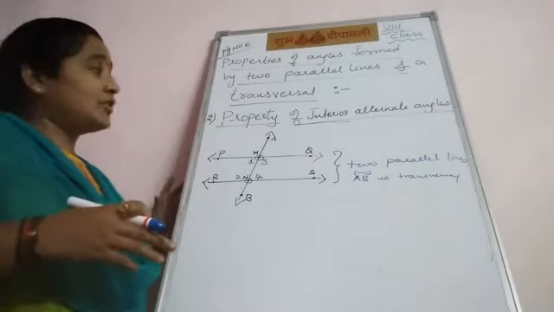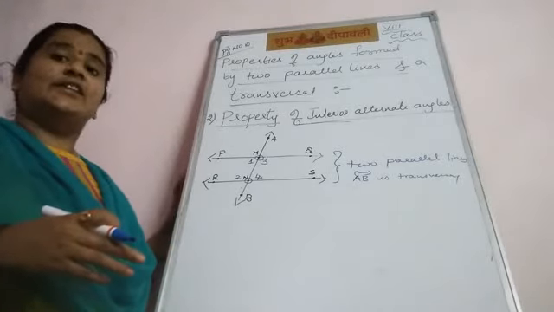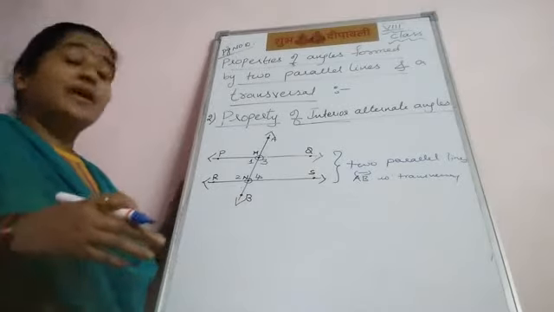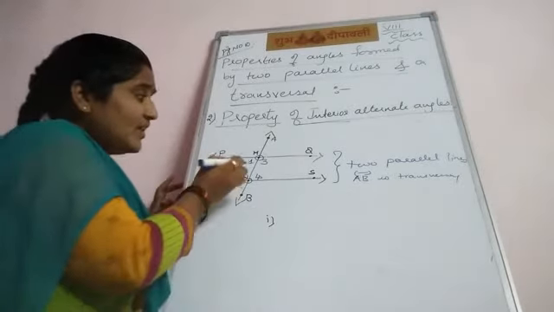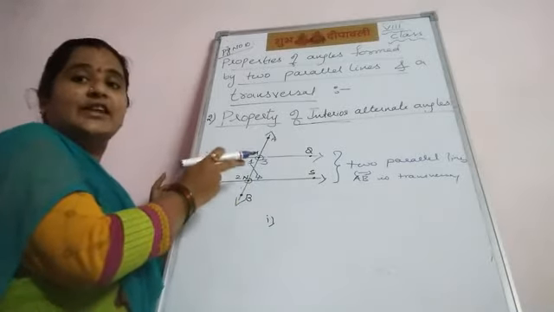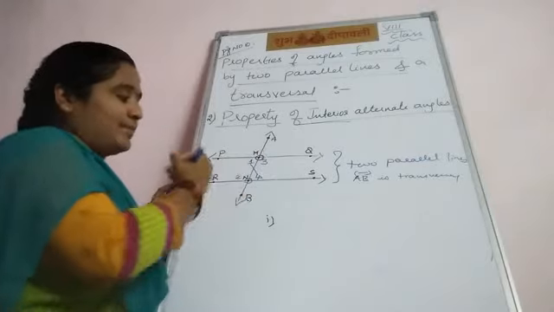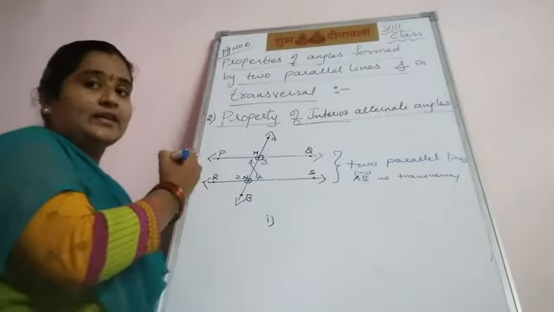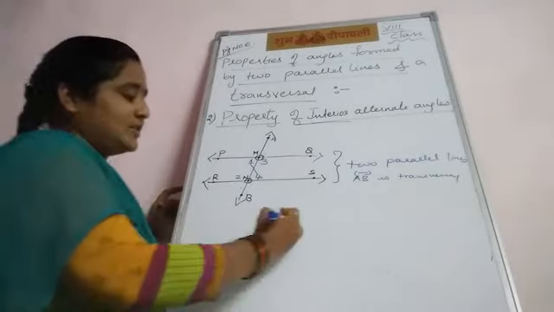And here our property of interior alternate angles. Opposite interior angles we are going to write by using the congruent symbol. First pair. Angle 1 and angle 4 are opposite interior angles. Here we have M and here N. So here we are going to write angles by using three letters.